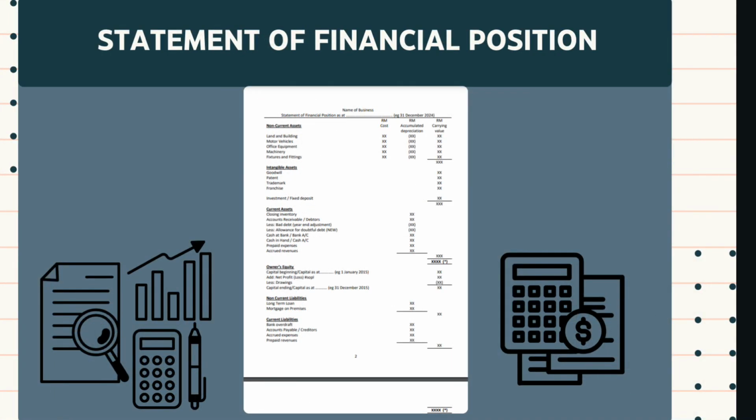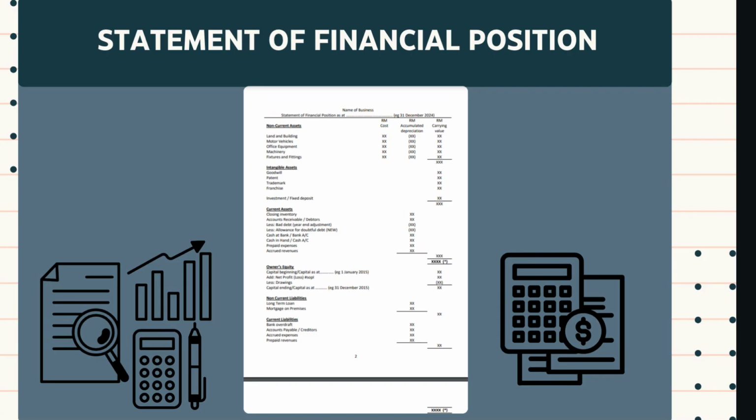And also I want to talk about the statement of financial position. So the statement of financial position, also known as the balance sheet, is a snapshot of a company's financial health at a specific point in time, providing vital insights into its assets, liabilities, and equity.